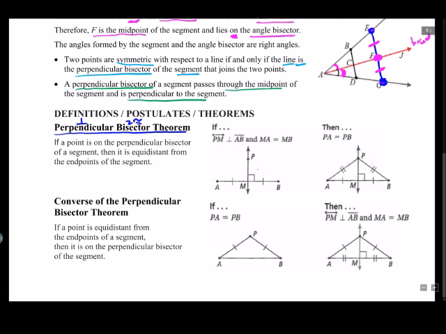Our requirement: if a point is on the perpendicular bisector of our segment, then, this is the result, it is equidistant from the endpoints of that segment. So let's go take a look here. We have a point, that's point P. Point P is on the perpendicular bisector. How do we know this?